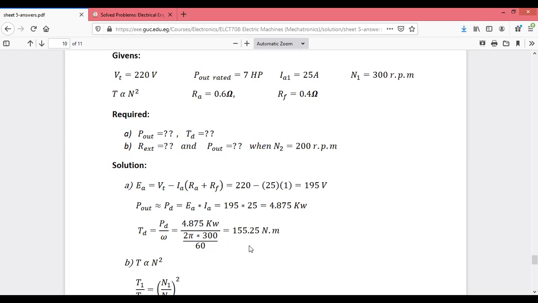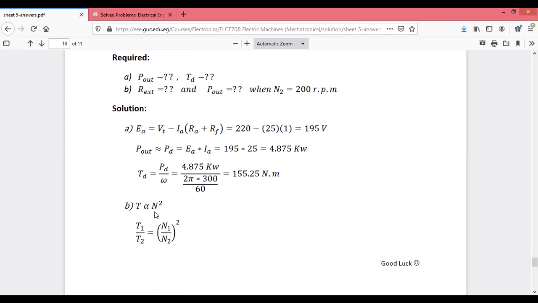Again, when we saw the characteristics of torque versus speed and torque with armature current, we saw that torque is directly proportional to the armature current. It is directly proportional to the square of speed. So you can take tau 1 upon tau 2 proportional to N1 upon N2 whole square.